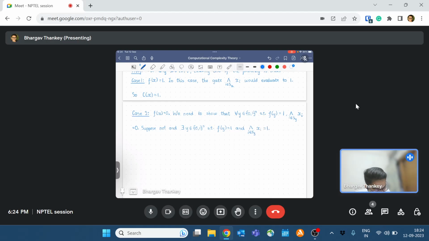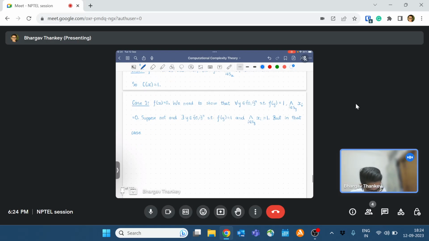Okay, but in that case, for all j in [n], yj equals 1 implies xj equals 1.